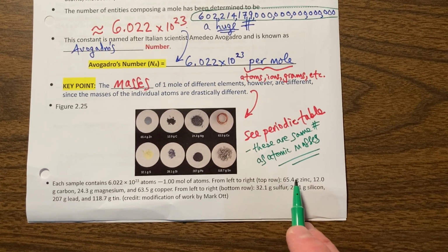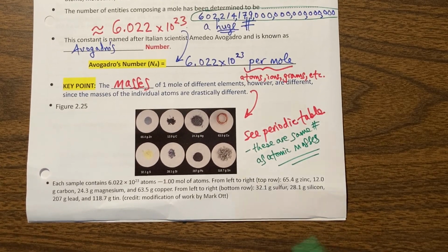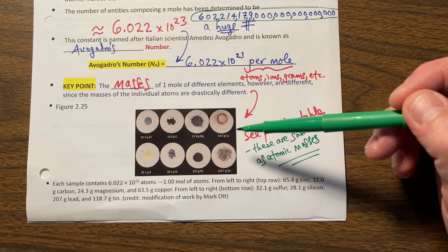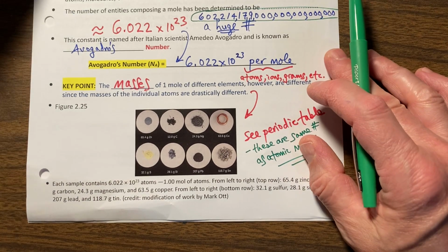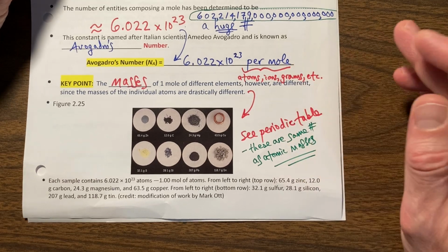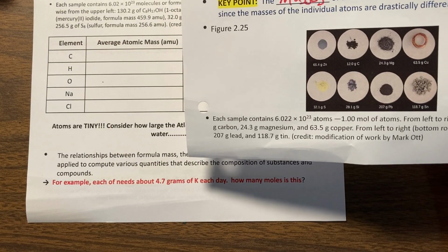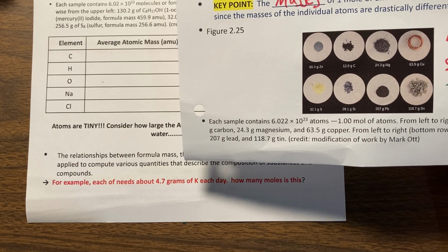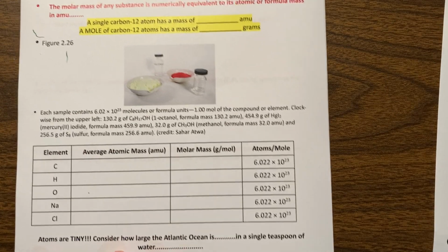If I can find a periodic table while I'm talking to you here, I'll bring one out. But again, that's all these numbers mean. And that's a very important thing to realize, is that when you have the atomic mass of an element, you're just simply stating that you have Avogadro's number of those atoms.